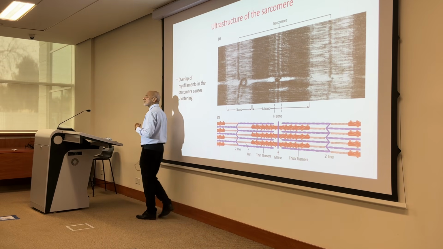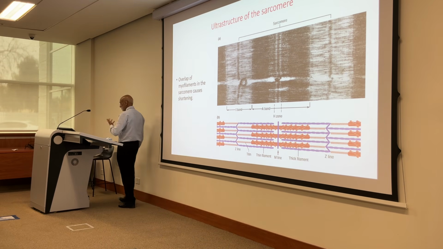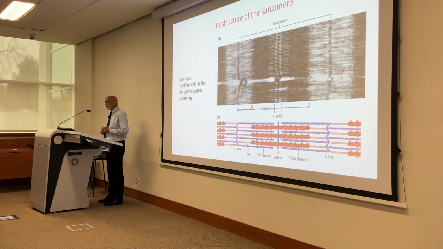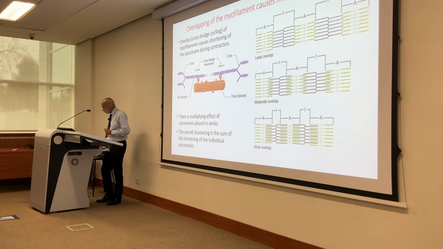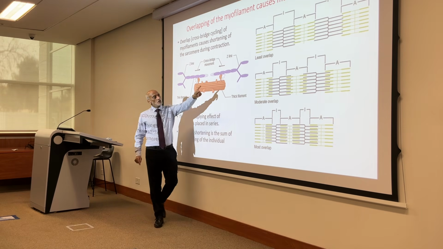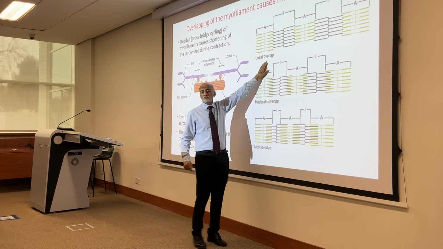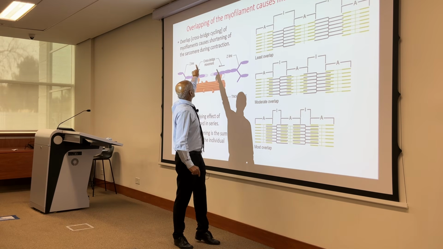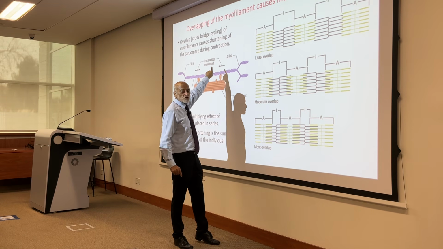If you increase the overlap between actin and myosin, the myofilaments, then the sarcomere will become shorter. Let's look at what happens when you do that. Here we do not have too much overlap between actin and myosin, or too many cross bridges between actin and myosin.